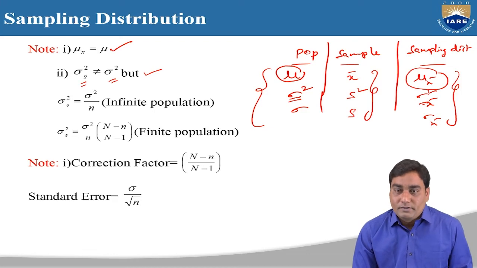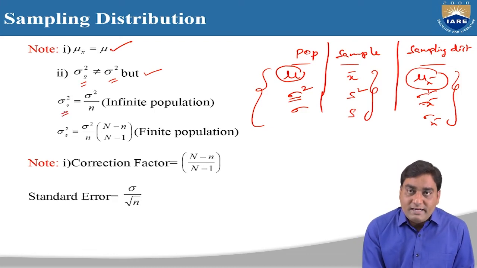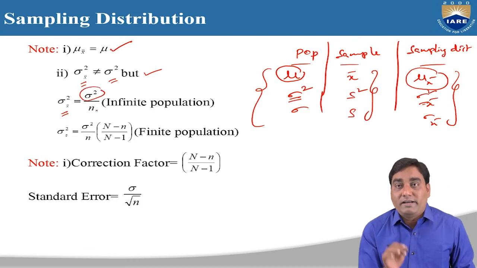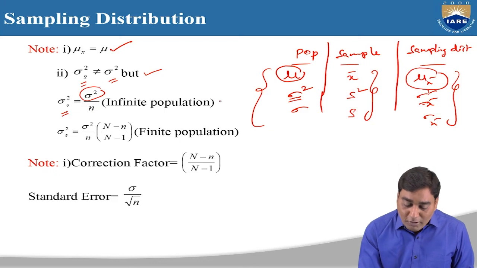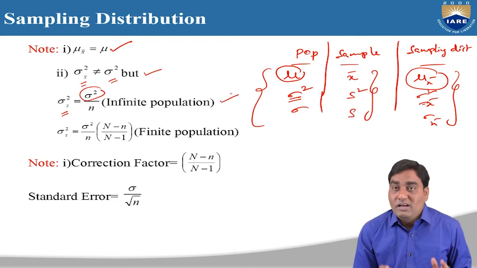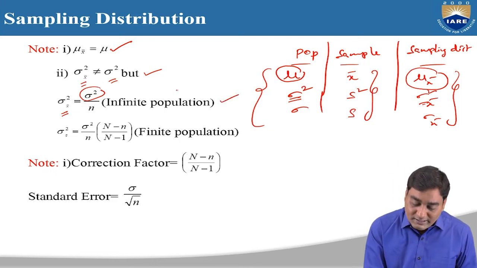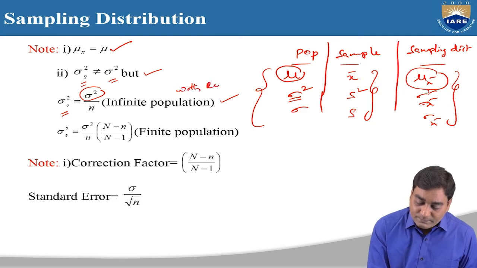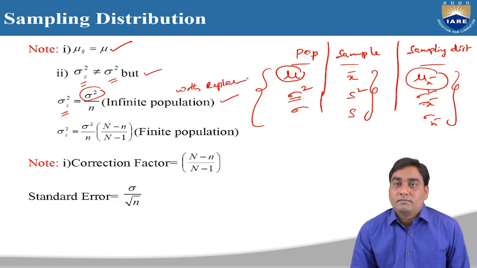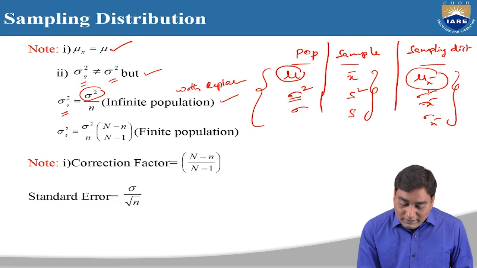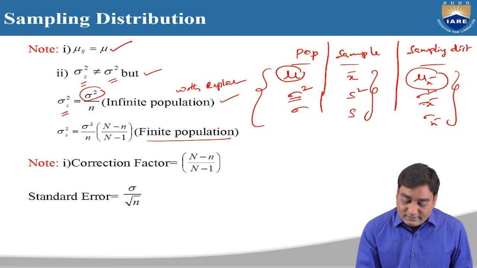But the variance of the sampling distribution is not equal to sigma square, but it is equal to sigma square by n, if the population is infinite. Infinite means with replacement case. In the finite case, that means without replacement case.